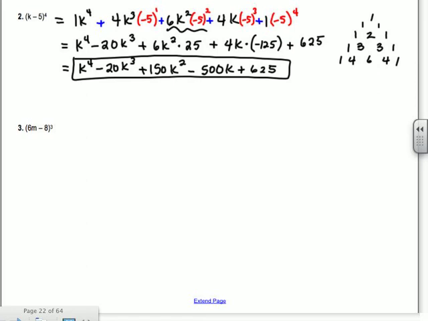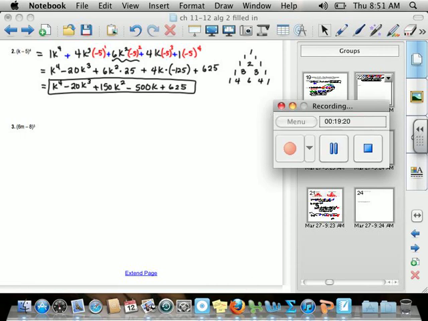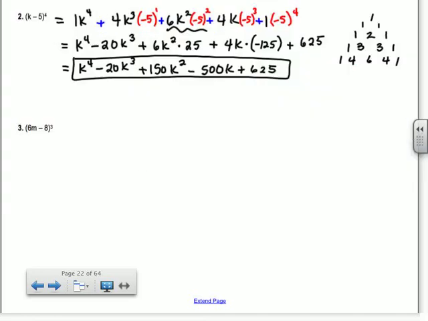All right, you guys try number 3. So try it out. All right, so let's try it. You start out with your numbers from the third row, so the 1, 3, 3, 1. Your A value is 6m, so you're going to have 6m to the third.